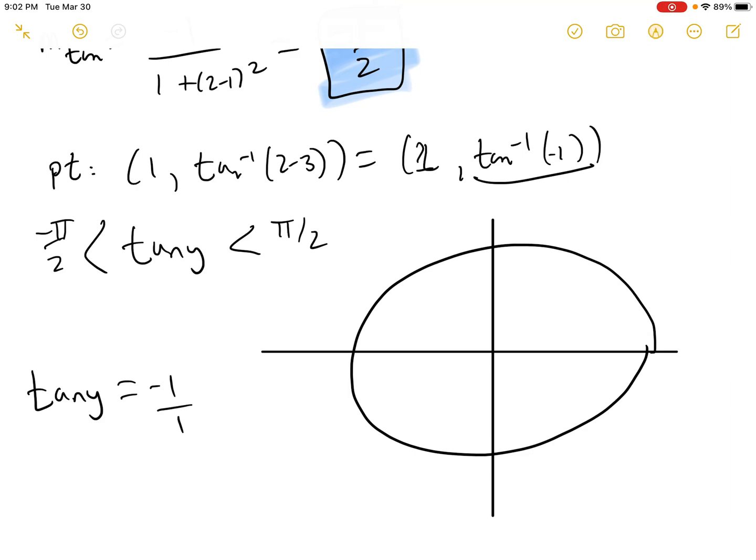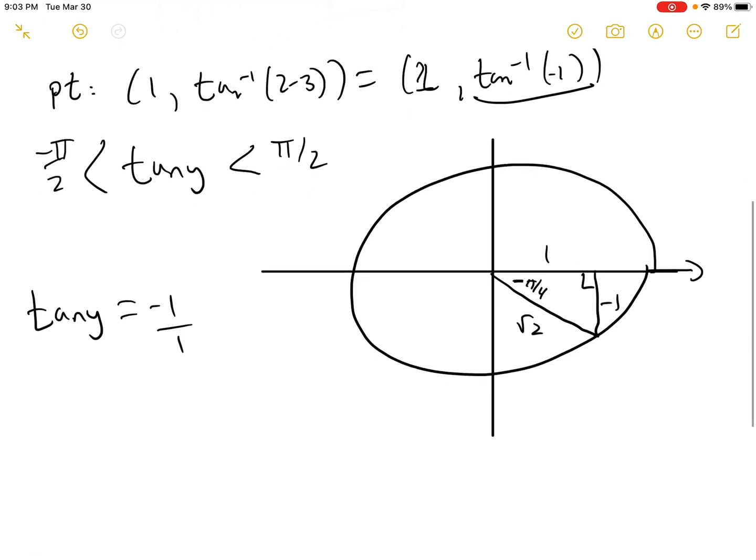So you go, okay, I can either be in quadrant 1 or quadrant 4. Well, it's negative in quadrant 4. So that's positive, that's negative, and this is the square root of 2. So this must be minus pi over 4 based on the unit circle. And so the point becomes 1 comma minus pi over 4.